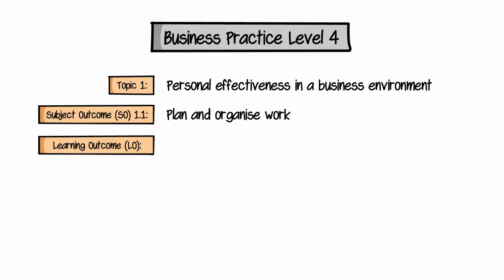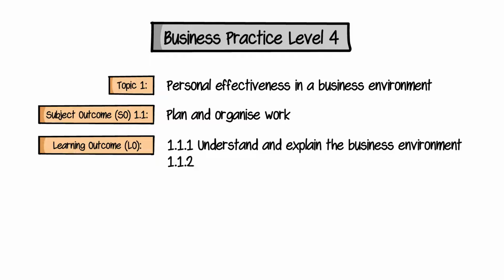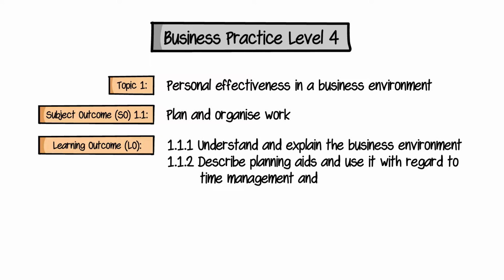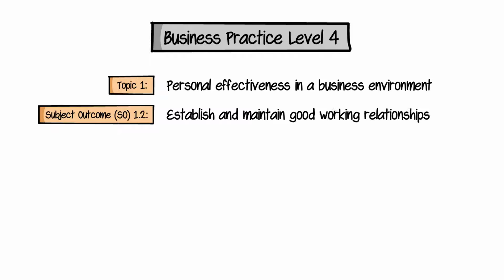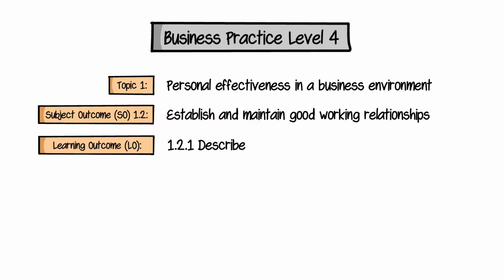Learning Outcome, LO, 1.1.1. Understand and explain the business environment. 1.1.2. Describe planning aids and use it with regard to time management and work prioritization to plan and monitor work. Subject Outcome, SO, 1.2. Establish and maintain good working relationships. Learning Outcomes, LOs, 1.2.1.